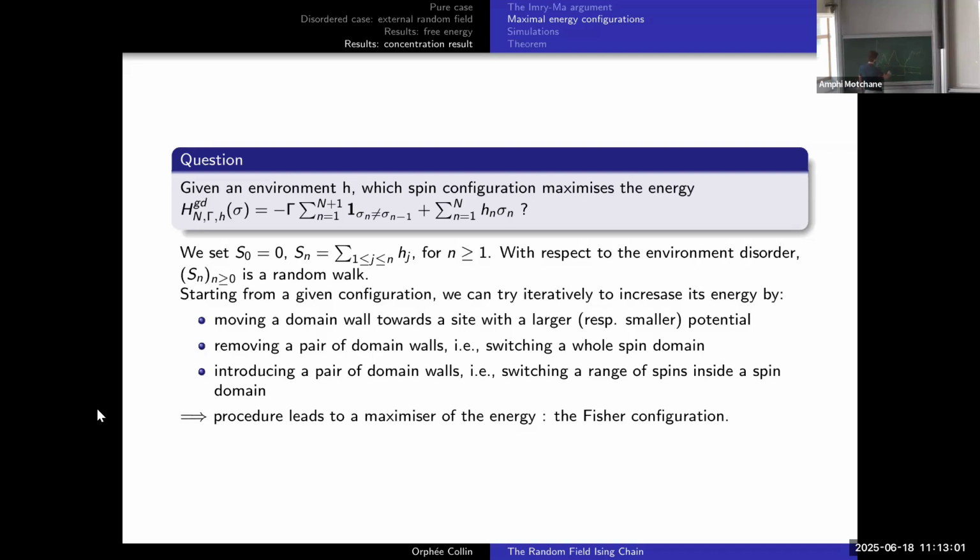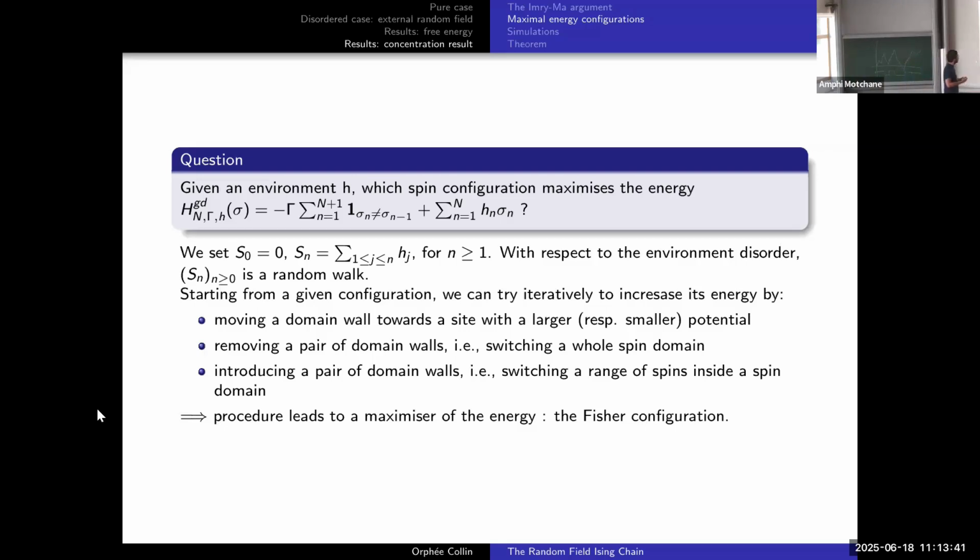Also, you might want to introduce a domain of pluses here. Here you see that there is a rise in the environment. It's going to increase the energy if this height difference is larger than the parameter gamma. So there are these different ways of increasing the energy: just moving a wall around, or introducing a spin domain, or removing a spin domain.